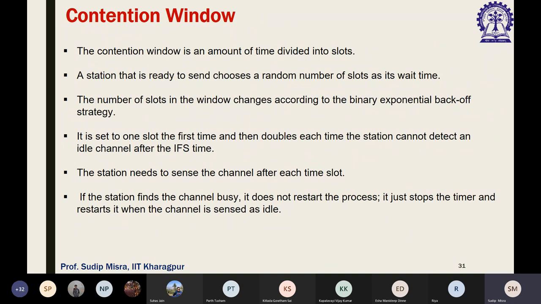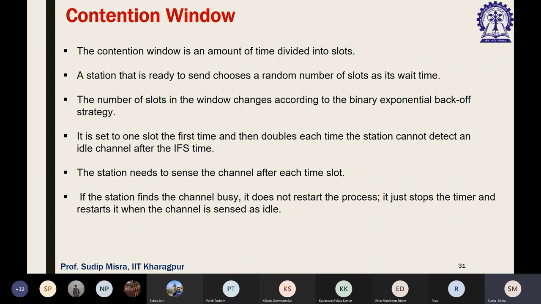Now there is another one, which is the contention window. This is a time duration divided into multiple slots. A station that is ready to send chooses one of these random slots as its wait time, and the number of slots in the window changes according to the binary exponential backoff strategy that I already mentioned before.